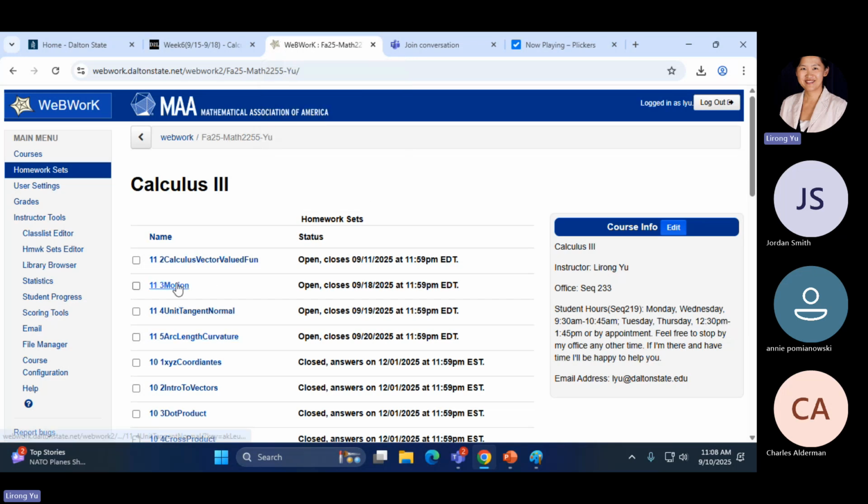Right now, I could reopen 11.1, so 1, 2, 3, 4, 5. They're all online, and the main thing is section 3, since that's the part where we start talking about motion. Section 2 is the calculus with any vector valued function. Section 3 focuses on calculus with motion. With motion, we have the tangent line, and then we have velocity and acceleration.